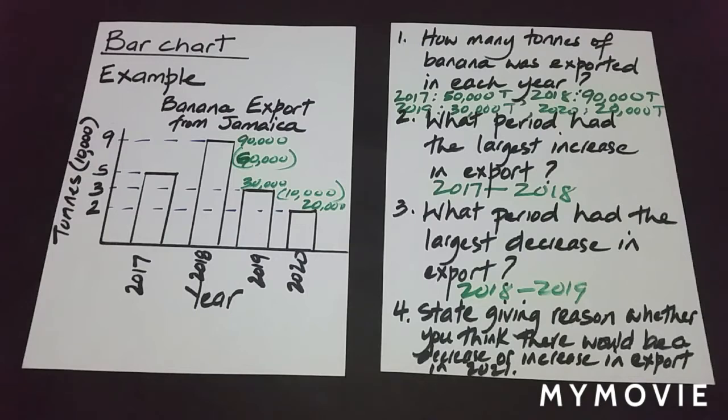So my conclusion would have been that, with the exception of 2017 to 2018, the diagram shows generally a decrease in banana export, right? Particularly in the last 3 years. So I would have expected a decrease in 2021 based on the fact that generally there is a decrease in production, particularly over the last 3 years.